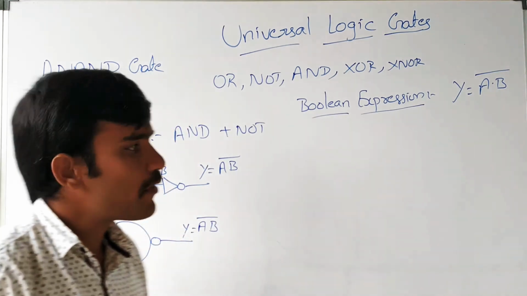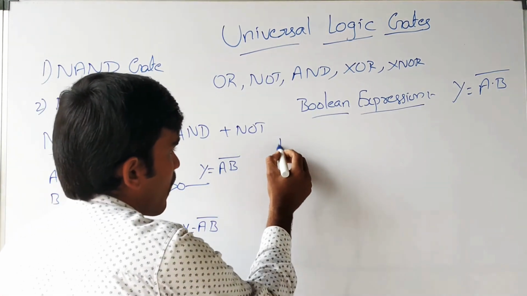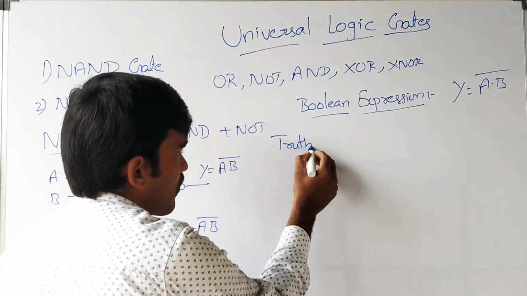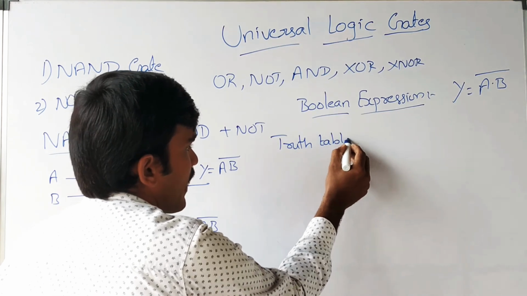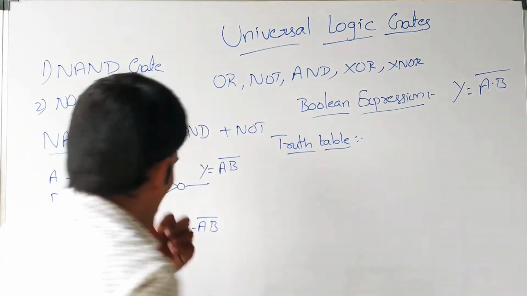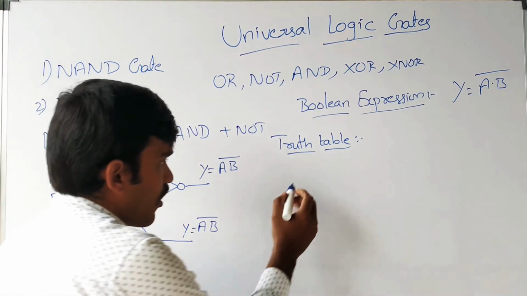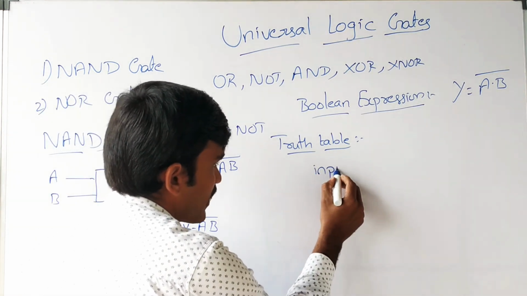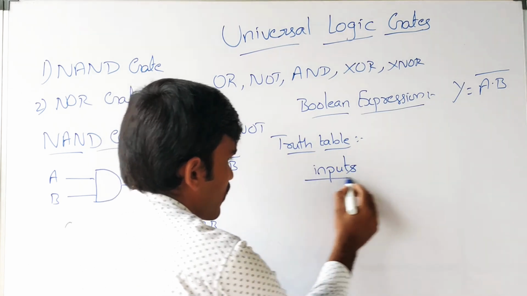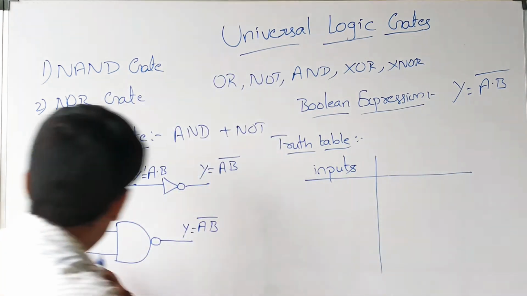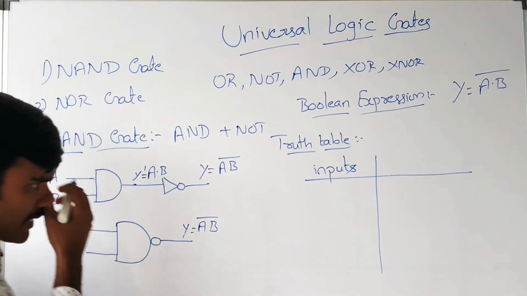Now the truth table of the NAND gate. The truth table consists of the inputs and the corresponding outputs. What are the inputs we have? The inputs are A and B for this NAND gate.